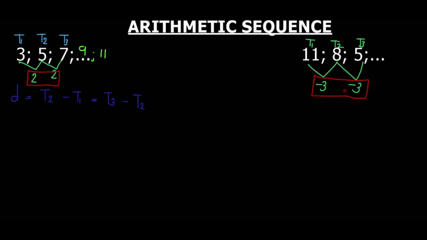So, the next term, we add the constant difference. In this case, our constant difference is negative 3. So, 5 minus 3 is 2.